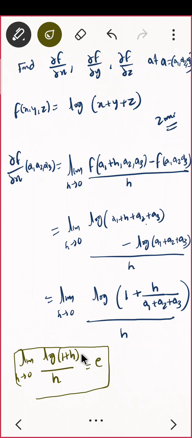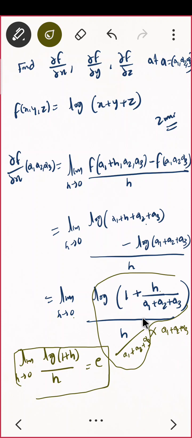Can I use the same technique here? H tending to 0, but I have here h upon (e1 plus e2 plus e3), so I will have to multiply and divide by e1 plus e2 plus e3. If I divide, I also have to multiply, that is e1 plus e2 plus e3, right. So the whole part will become 1. So what will be your answer? The answer will be 1 upon (e1 plus e2 plus e3).